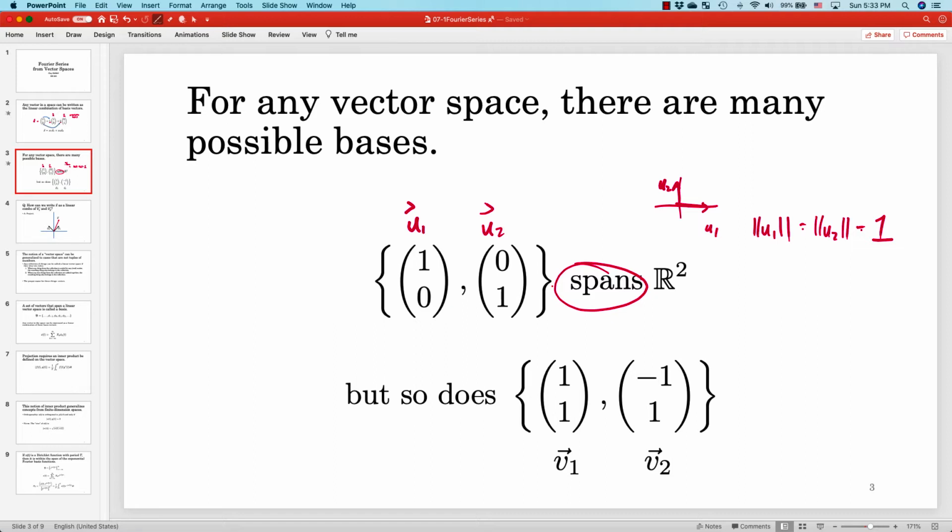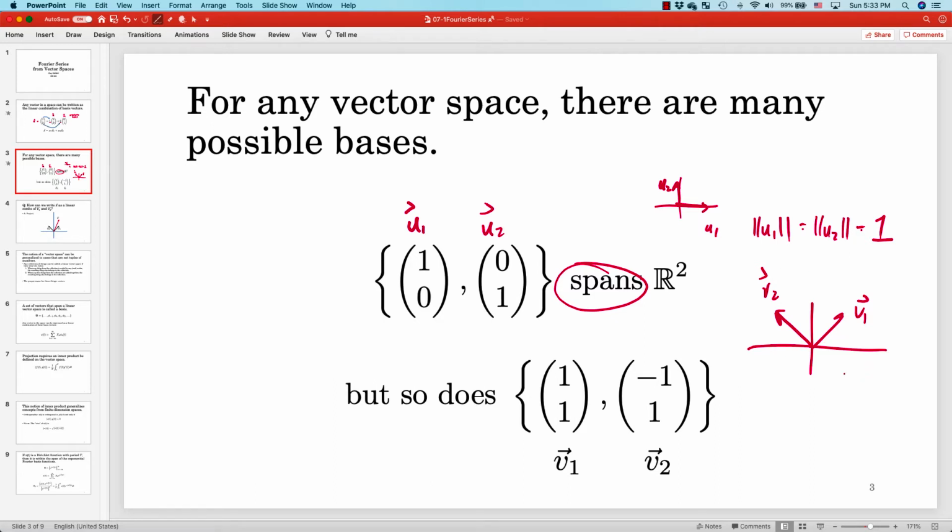But they are not the only two vectors that span R2. In particular, down here, v1 and v2 also span R2. So they don't have the nice feature of being unit vectors, and they also don't lie on the common axes. But sure enough, if we look at the vector v1 and the vector v2, if you were to take scalar multiples of v1 and v2 and add them to each other, tip to tail, you could get anywhere in the plane.